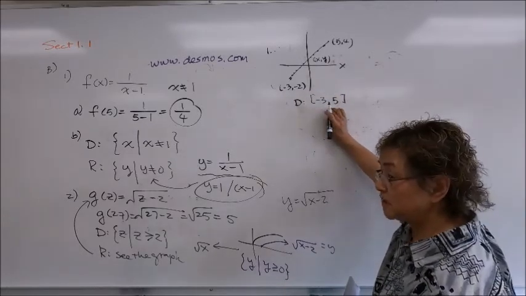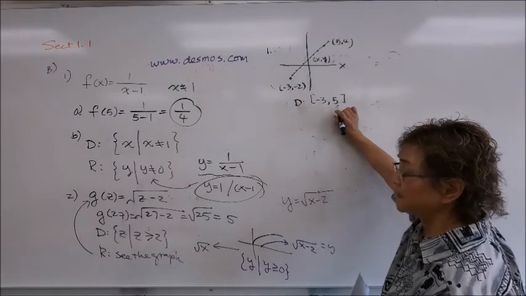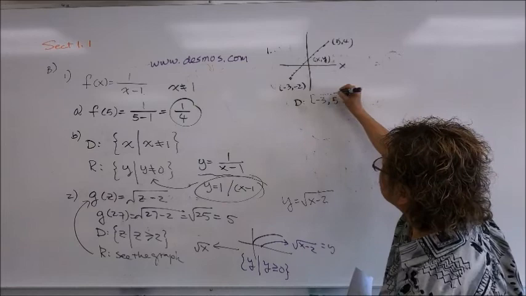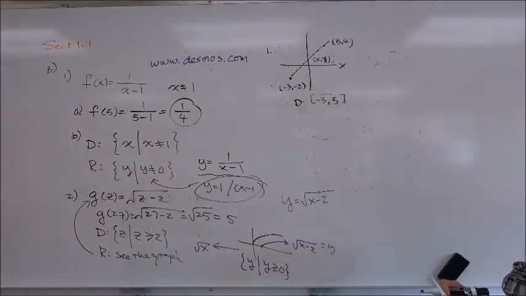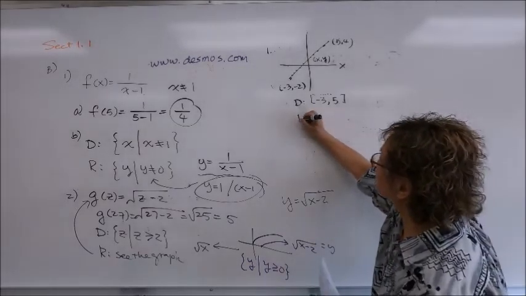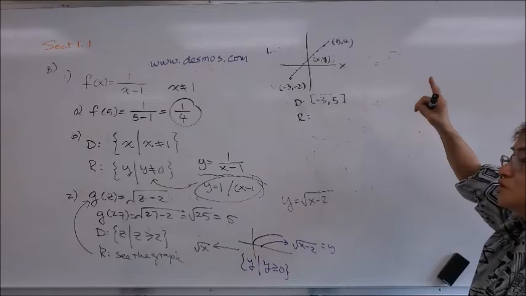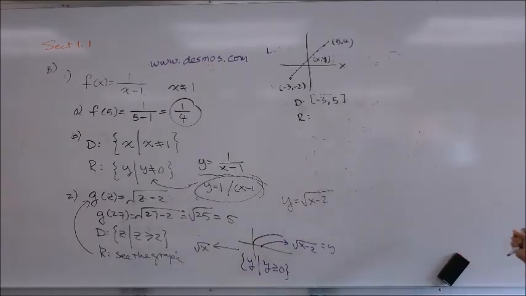We use interval notation, meaning the beginning point and the end point, to describe it. That means everything in between is part of the domain. For range, it's all possible y values. That means how high you can jump up and down. Domain is how far you can go from left to right.